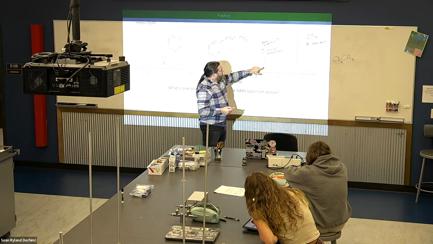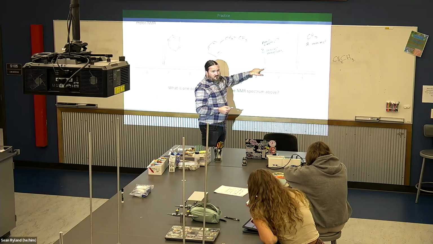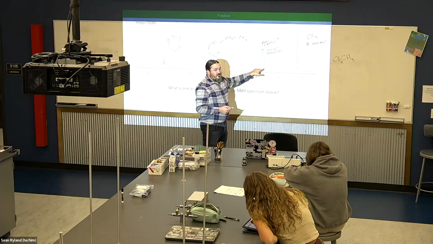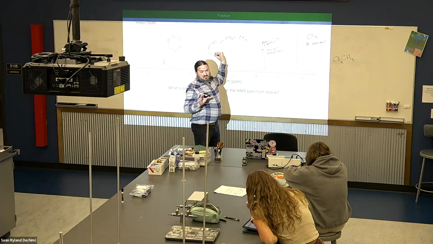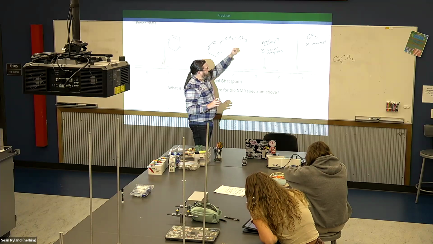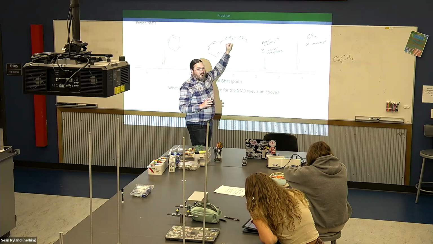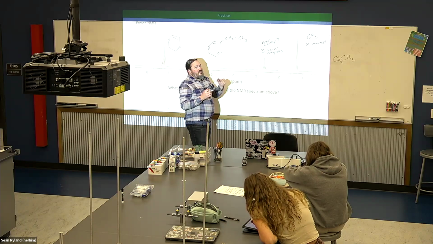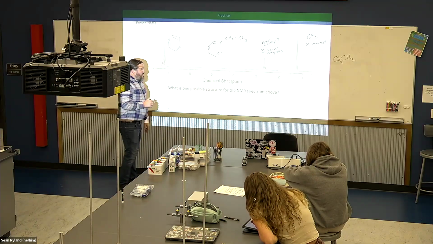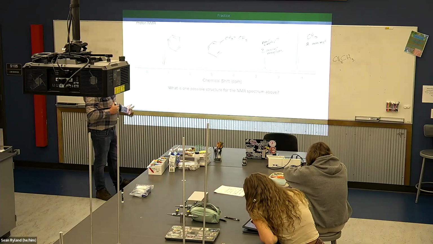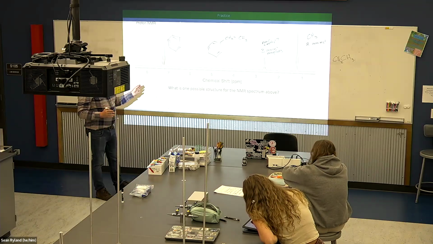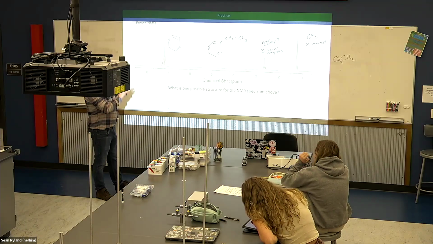If this was a pentuplet instead, then it would have 4 nearest neighbors. That throws this out the window because now all of a sudden our splitting doesn't match up with our structure we tried. So some of NMR is throw stuff at the wall and see what sticks. Okay, this is technically possible.